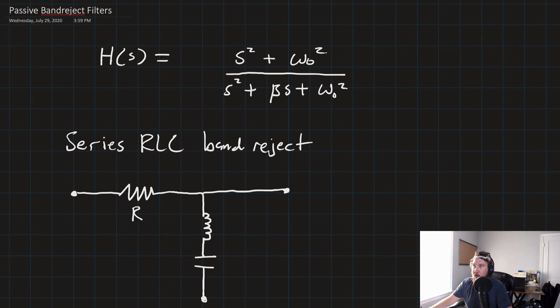And so we'll take that output voltage, plus minus V out, from the node that's covering the inductor and the capacitor. Oh, and I should have labeled L and C. And then we have our input side, plus minus V in.